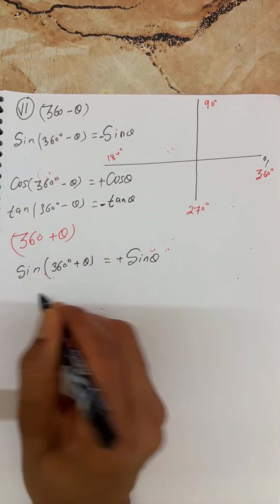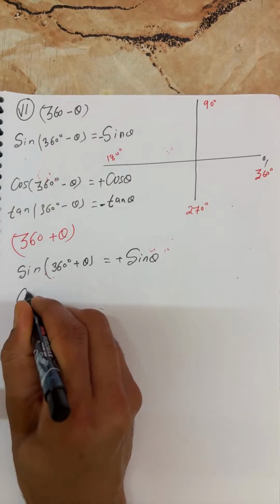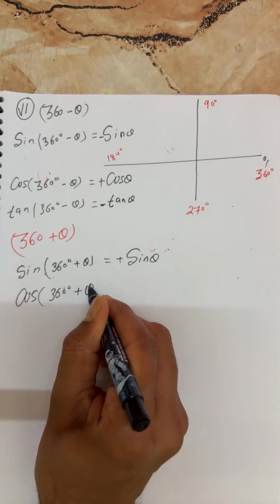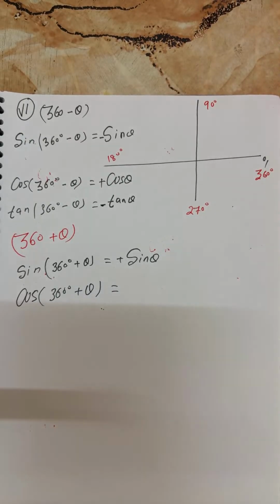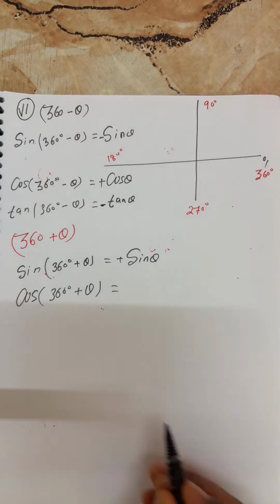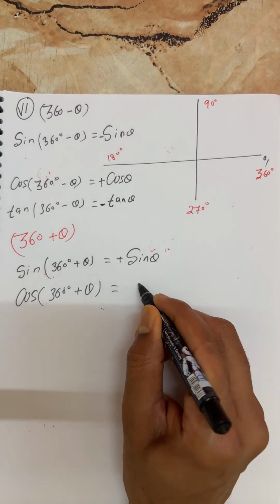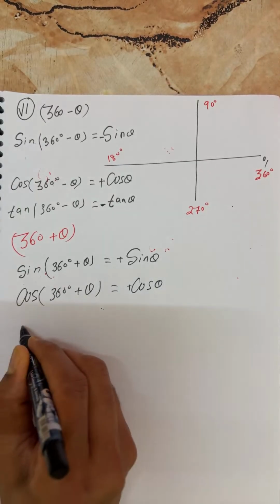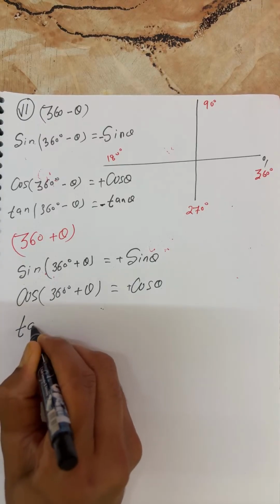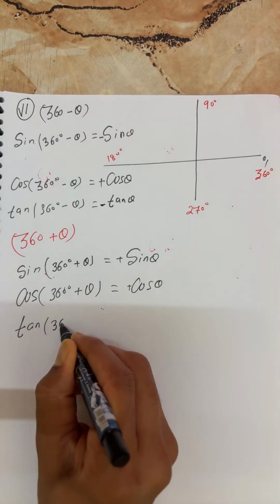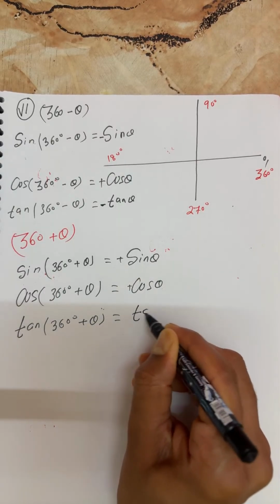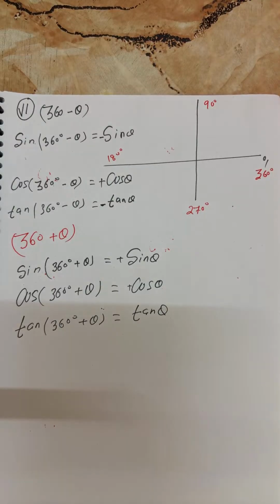Next, cos of 360 plus theta: cos theta only, no need to worry here. Next, tan of 360 plus theta: tan theta.